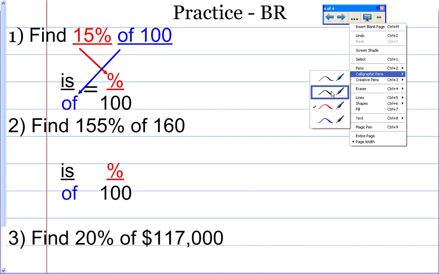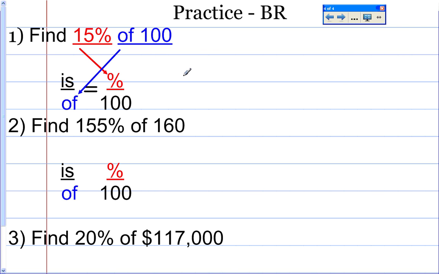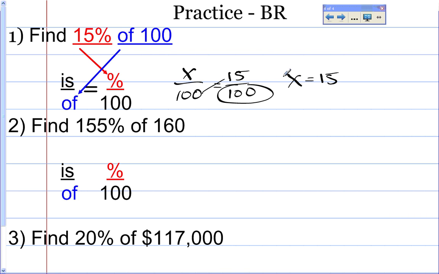Alright, so hopefully you have the answers now and you're going to check them. So again, we have x over 100 equals 15 over 100. Multiply, divide, and you get x equals 15. Which this one, if you just look at it, 15 over 100 is equal to what over 100? Obviously 15, if these two things are going to be equal.